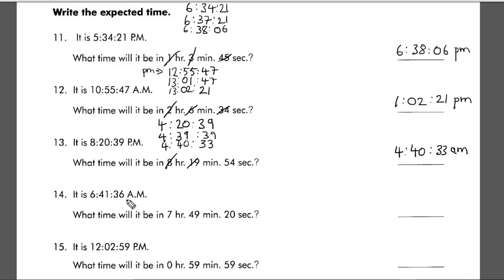6:41 and 36 seconds AM, and we want to add 7 hours, 49 minutes and 20 seconds. Okay, so again, if I count on my fingers, that just somehow helps me think about that hand going round the clock. All right, so 6:41, 6, 7, 8, 9, 10, 11, 12.